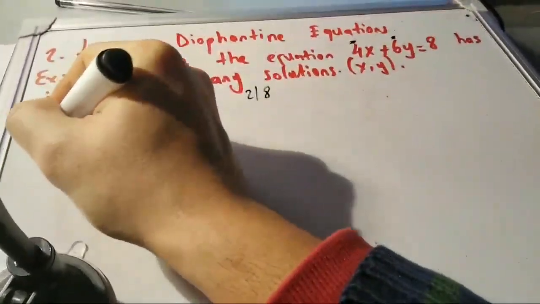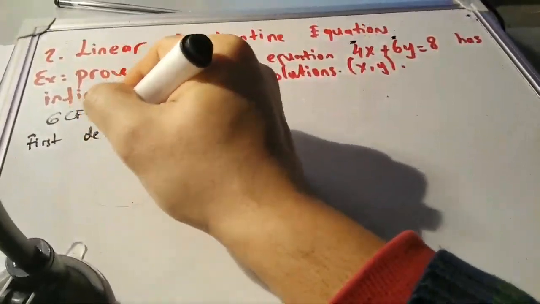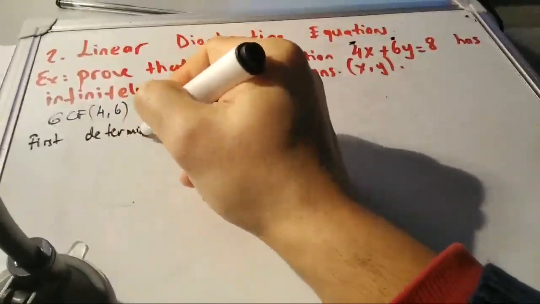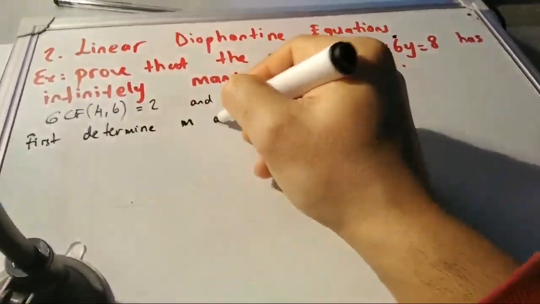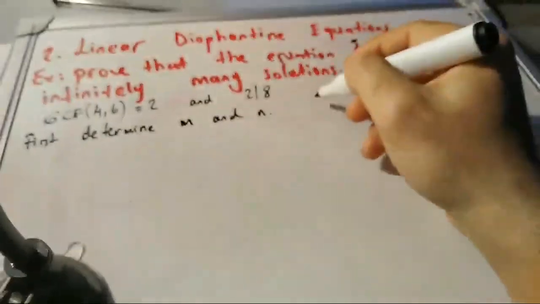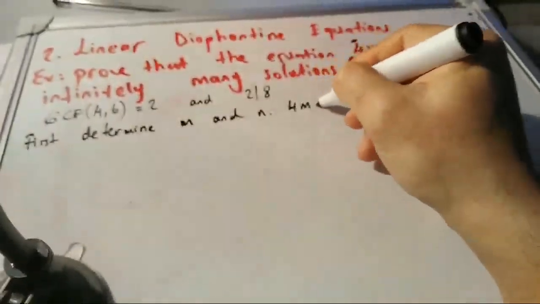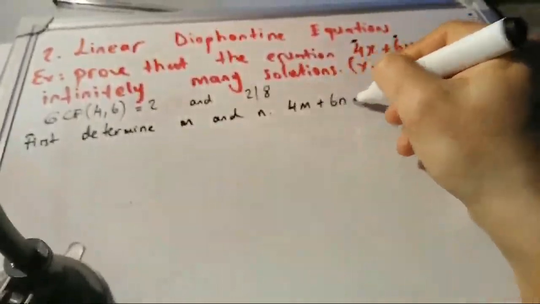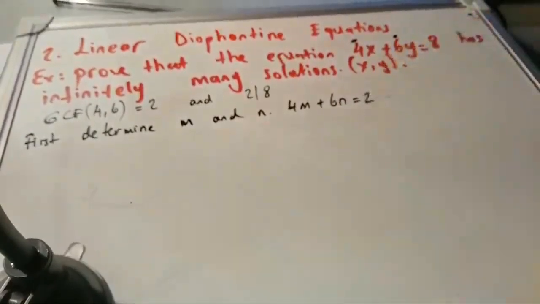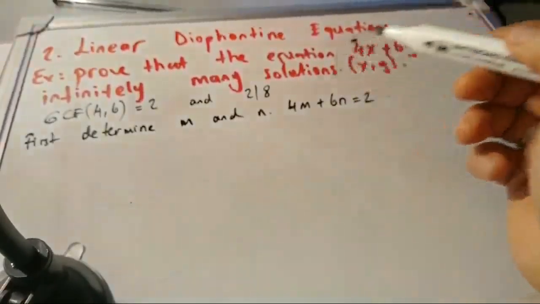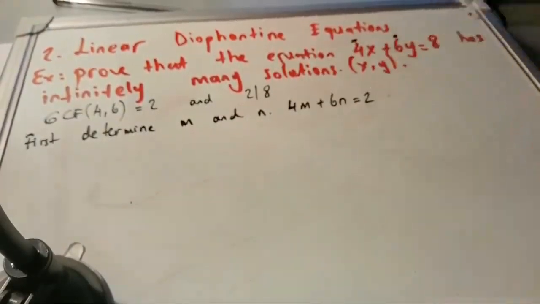First, determine m and n such that 4m plus 6n is equal to 2. Can you tell me the possible values for m and n?